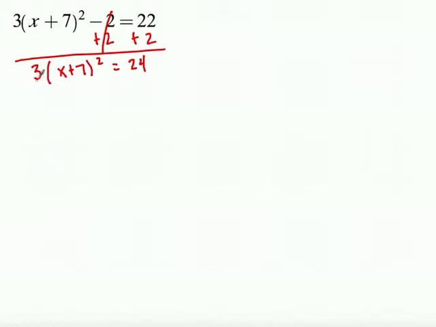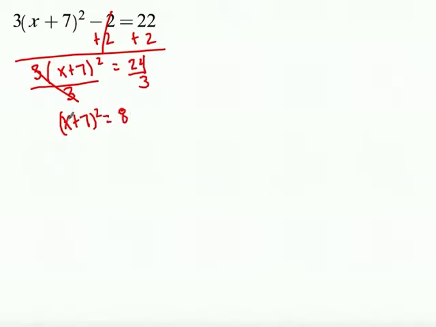Now I want to get rid of this 3 out front. I'm trying to get rid of that 3 because if I distribute it out, it causes me to have more work. So I'm going to divide both sides by 3. That cancels, giving me (x plus 7) squared equals 24 divided by 3, which is 8.